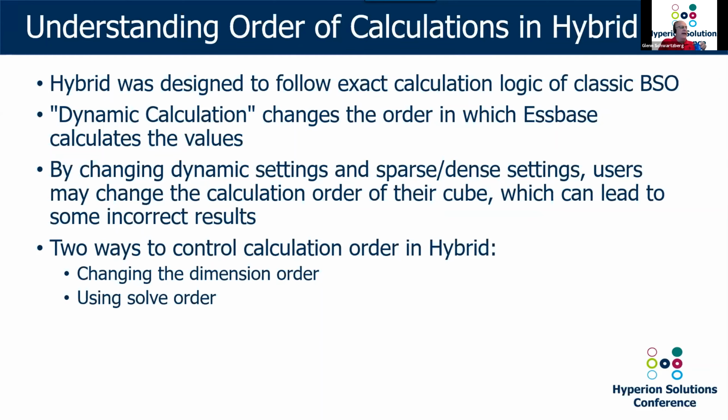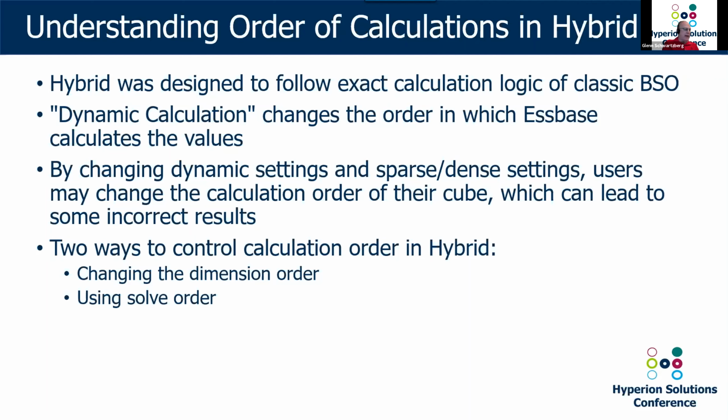Now, what's really nice about hybrid, dramatic pause for a drink, is that they've given us the ability to not only use two-pass, but also to use solve order. So there's two ways that we can deal with both calculation speed and calculation results.